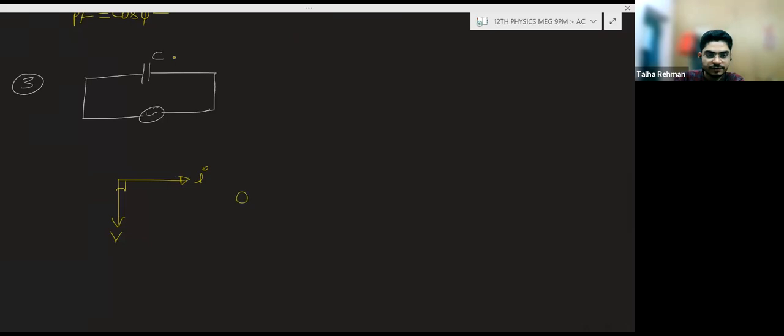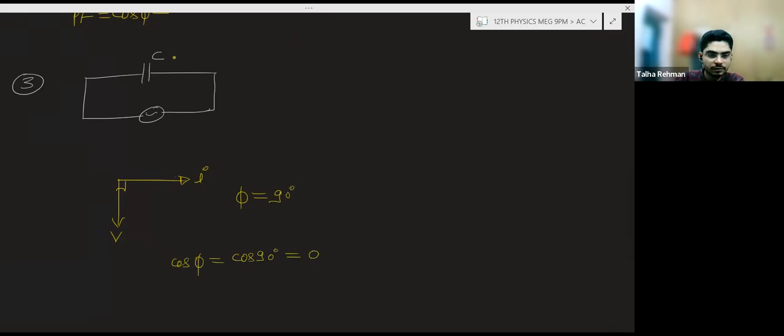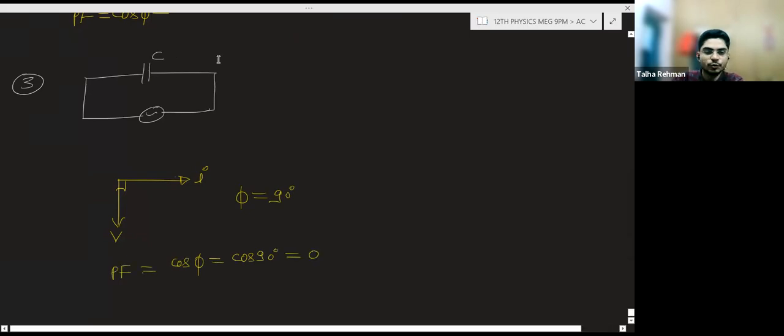So what is the phase difference between the current and the voltage? Again 90 degrees. So what will be cos phi? It is cos of 90 degrees, again equal to 0. So the power factor in case of a pure capacitive circuit is equal to 0.